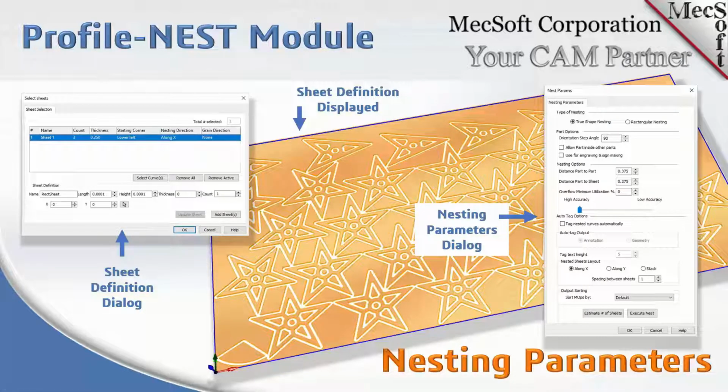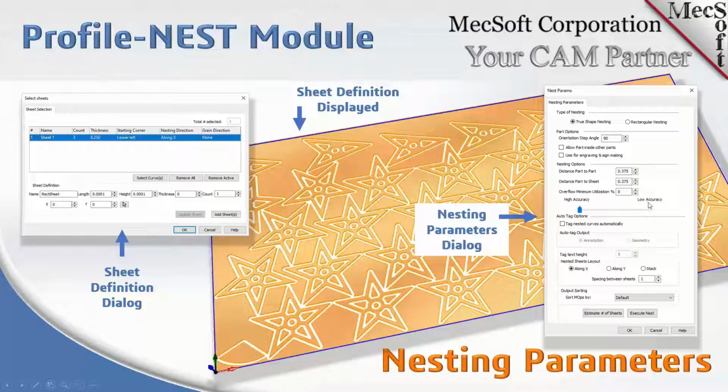Or if you have the rectangular perimeter of the sheet drawn on the screen, you can use the select curves option, and it'll create a sheet from that. In this example, we're going to be using sheet dimensions. We'll show you how to define the dimensions and locate the sheet. By default, the sheet will be located at the world coordinate system origin in your CAD file.